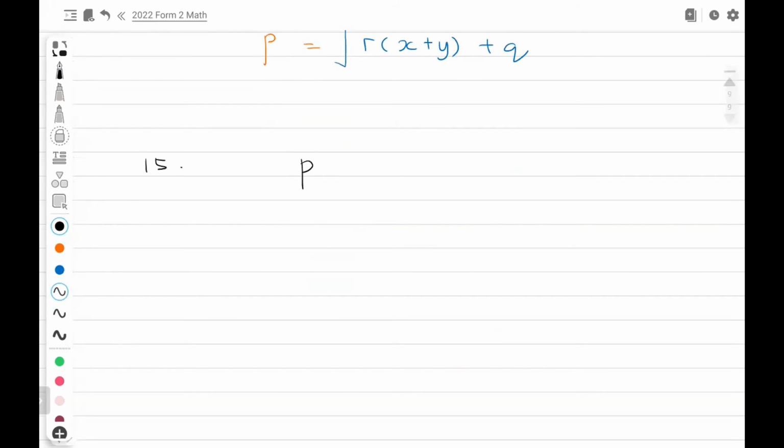Okay, what about P equal to, sorry, it's not too easy. Square root of X minus 7P over Q equals YZ.